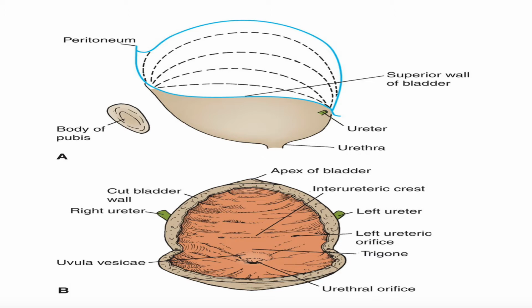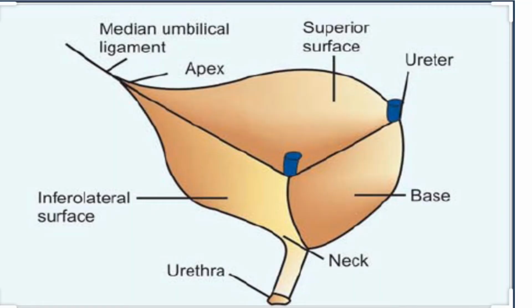and it has three layers: circular, longitudinal, and another circular layer. The circular layer here is continuous with the urethra to form the internal urethral sphincter, and it is a very specialized muscle. The bladder can have an apex, superior and inferior lateral surfaces, a base, and a neck.